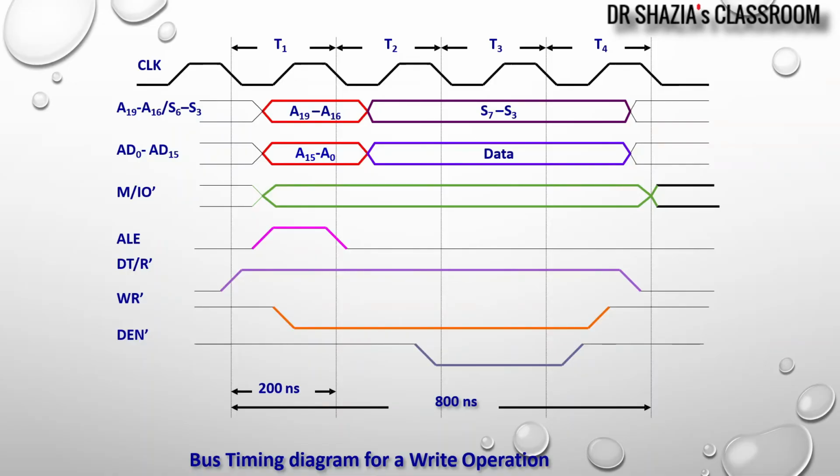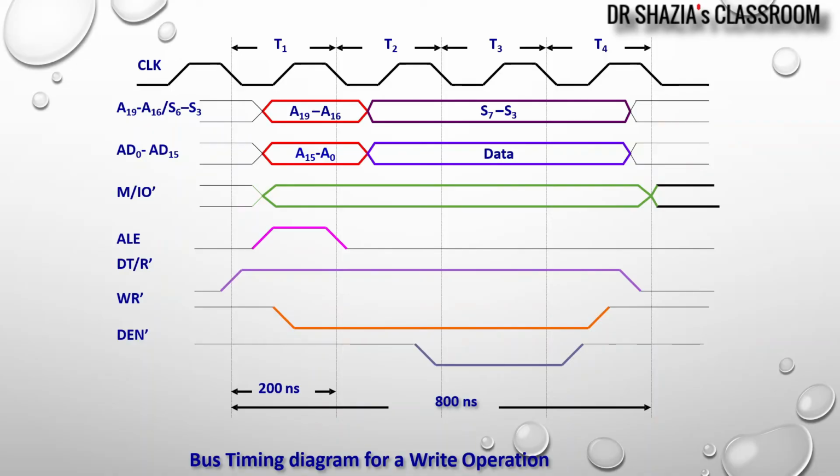So, we have seen the complete timing diagram of a memory read, IO read, or memory write, IO write operation. A read operation can have 4 or more T states depending on the speed of the memory or IO device, and a write operation is going to have 4 T states.